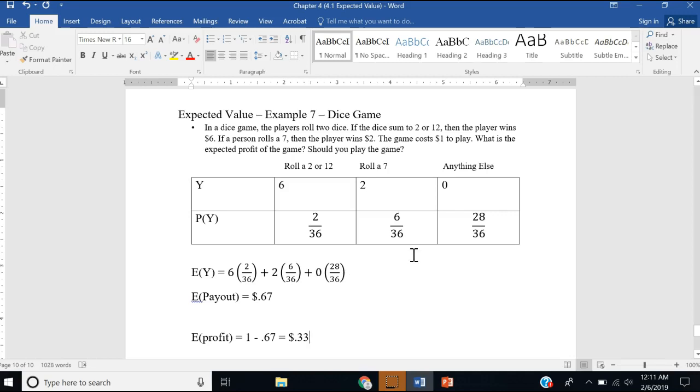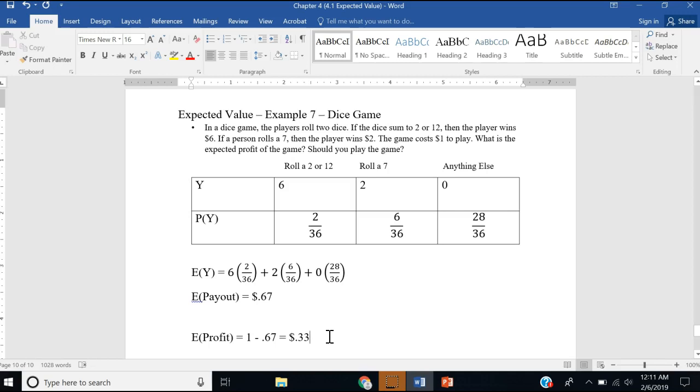The expected profit for the person playing would be negative 33 cents. So it depends on which way you look at it. The person who wants to play the game, who's paying the dollar, is losing 33 cents for every dollar they play on average. Okay, so that's how that is done.